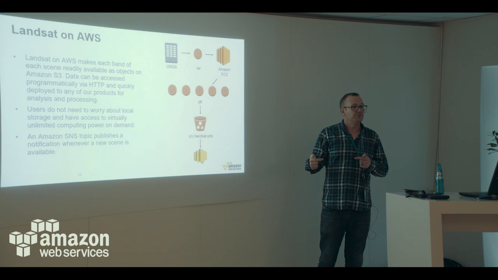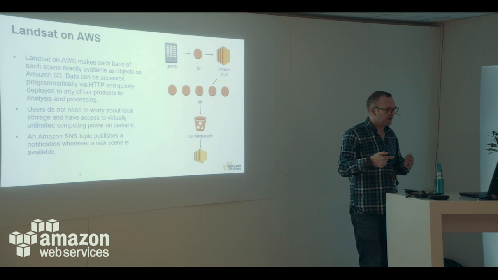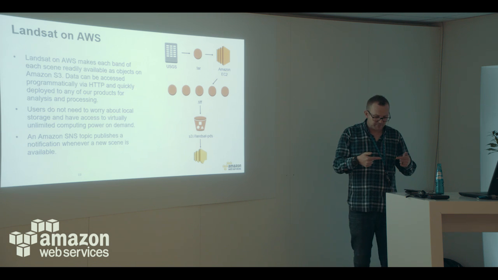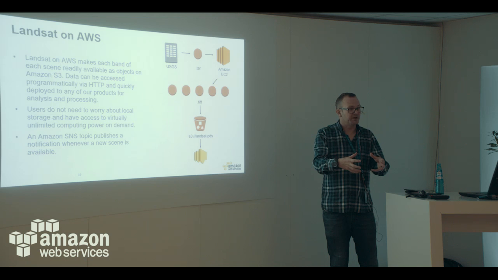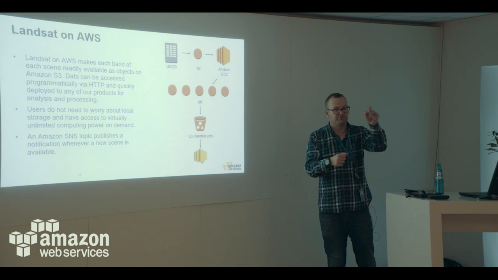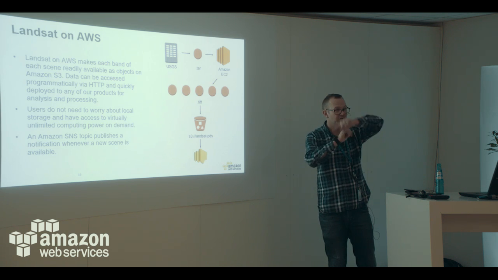So now what you can do is you can say, well, I'm going to get notified when scenes are coming out of Landsat. I'm going to look for ones that are relevant to me because they're scenes of my city, right? I work for Munich. I work for the metropolitan city of Munich. I want to know when the scenes are turning up of Munich, and when they do, I want to run my algorithm over those scenes.